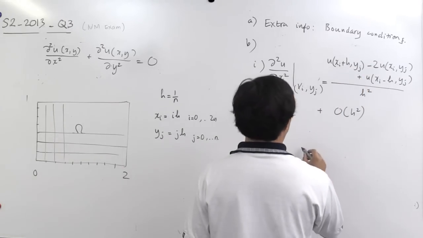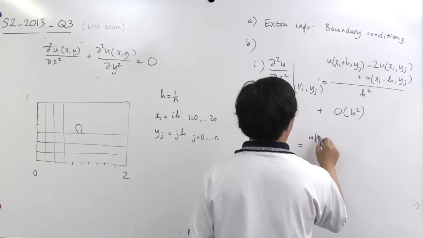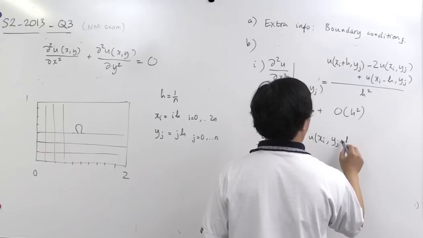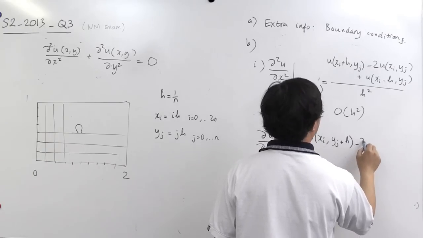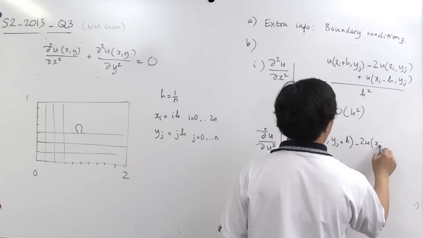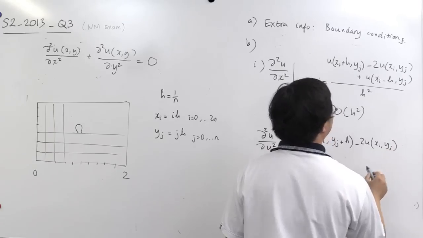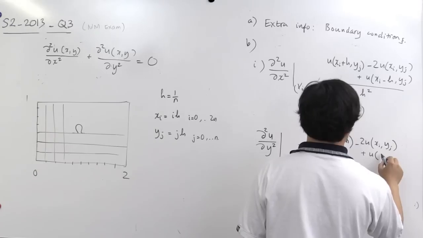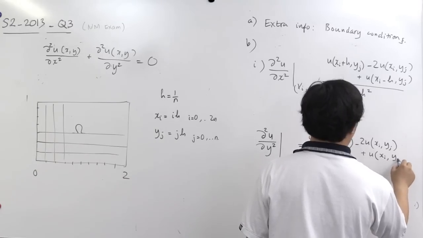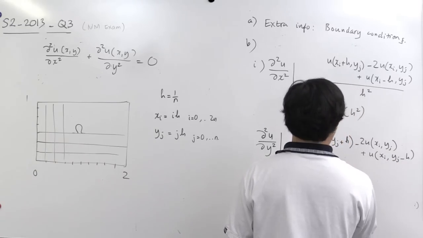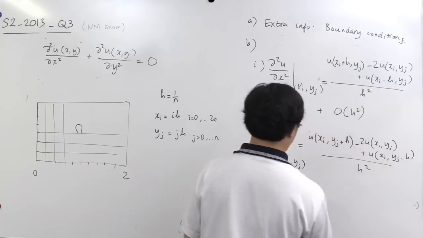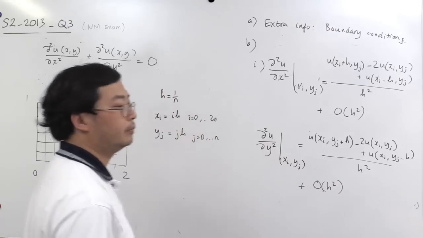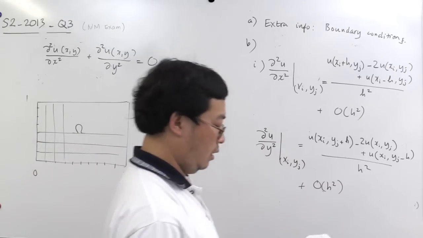So now you just have u at xi, yj plus h, minus 2u xi yj, plus u xi, yj minus h, divided by h squared, plus O(h squared).